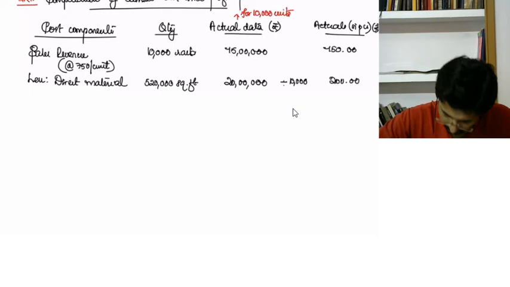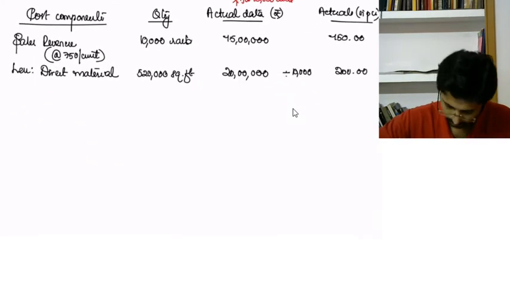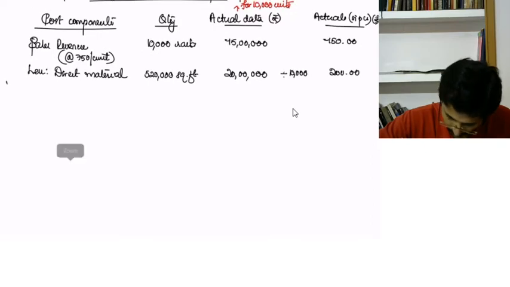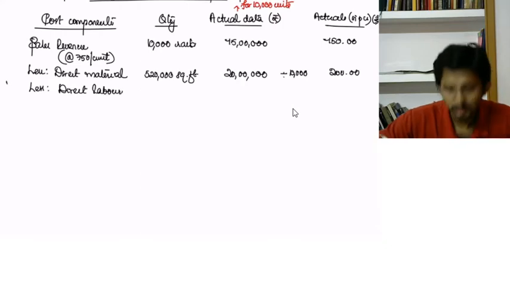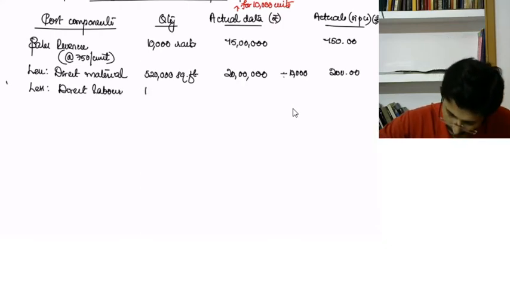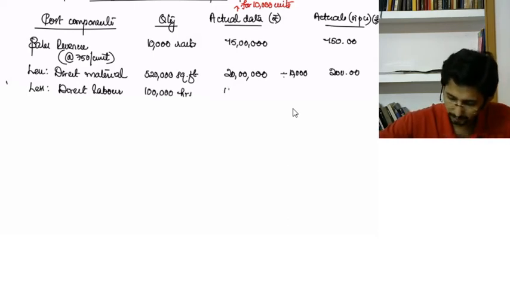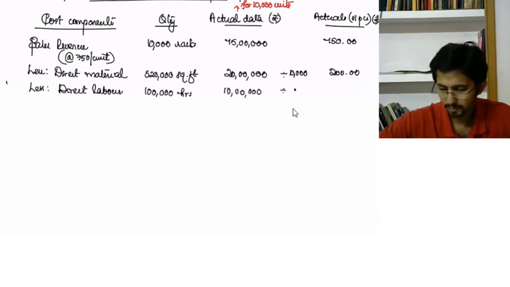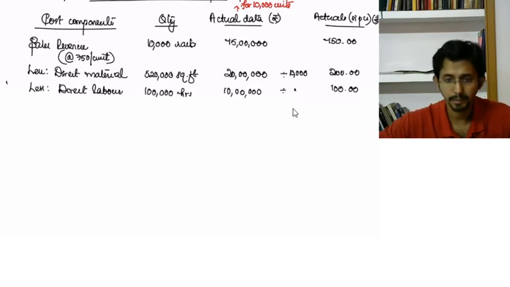Then what else? Less direct labor. Direct labor, you have consumed 1 lakh hours. And what is the cost? Cost is 10 lakhs. If you divide it by 10,000, you will get 100 per unit.